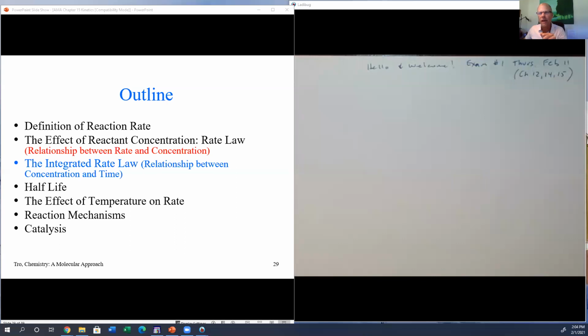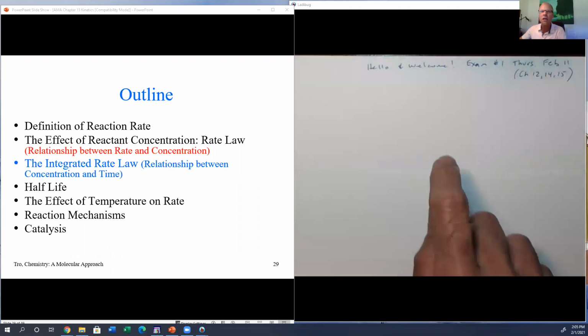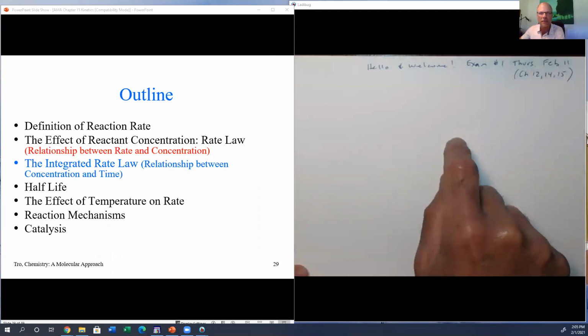If it's with regard to a product, products go up in concentration, so they're naturally positive. The point is, we always want the rate of reaction as defined to be positive. So if the change in the concentration is negative, like in the case of a reactant, then we put a negative sign in front of it to make it positive, right? I'll cover that in more detail in just a minute.